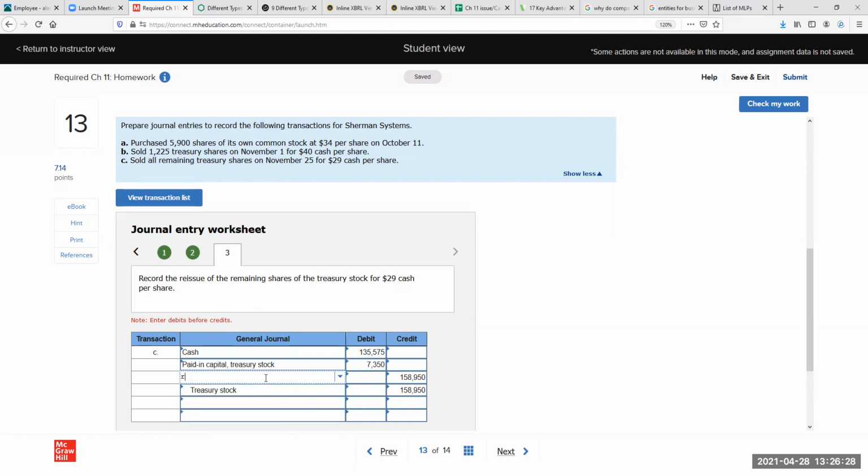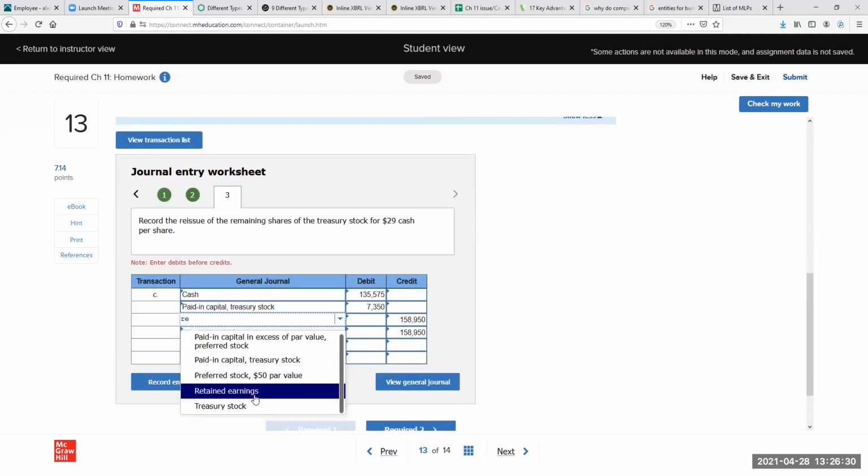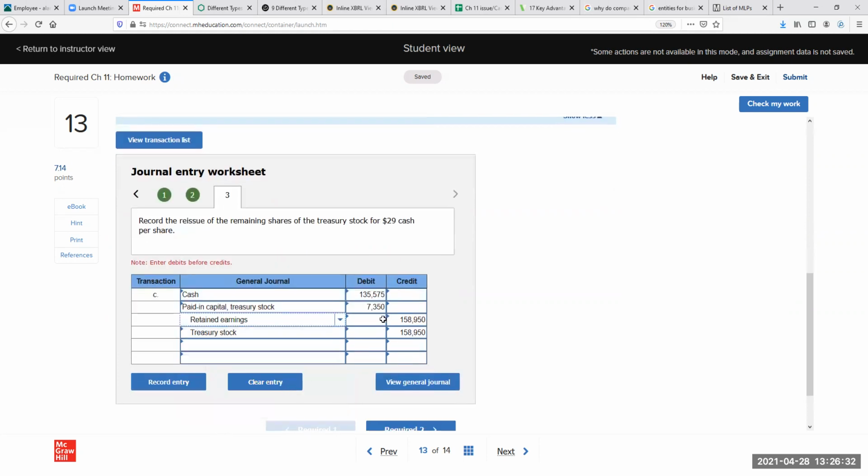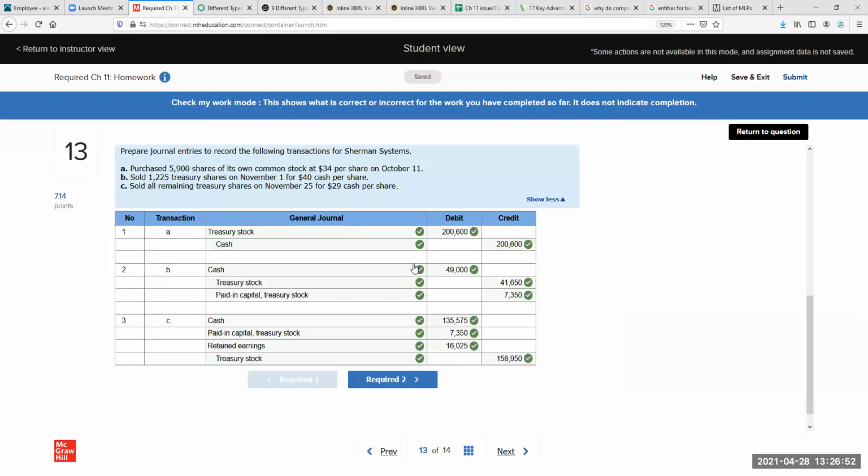Normally you do reduce retained earnings when you have that much of a discrepancy. You can't reduce the paid in capital by more than what you have. So 158,950 minus 135,575 minus 7350 is 16,025. So let's just see if I'm right here or wrong the way the text handles it.